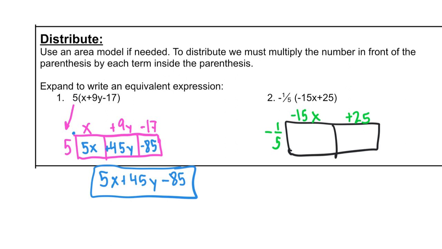We're going to go -1/5 times -15x is 3x. And -1/5 times +25 is -5. So the distributing of the -1/5 through the expression -15x plus 25 ends up giving us 3x minus 5.